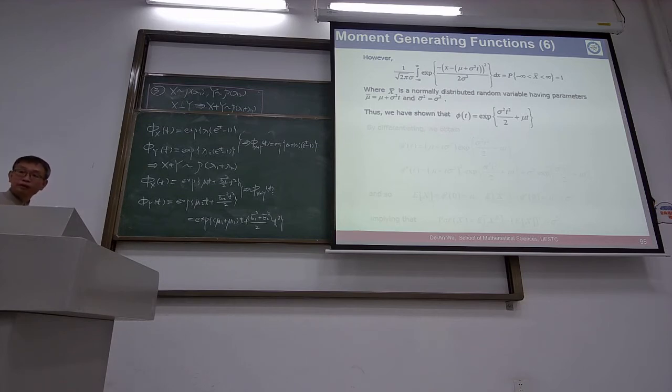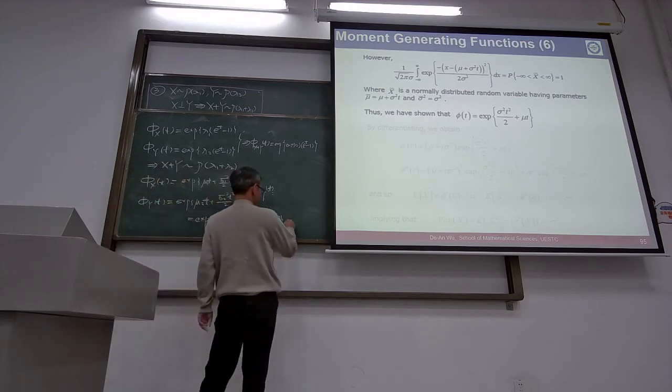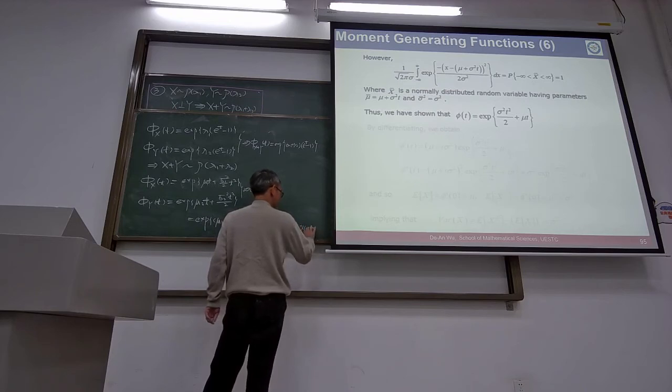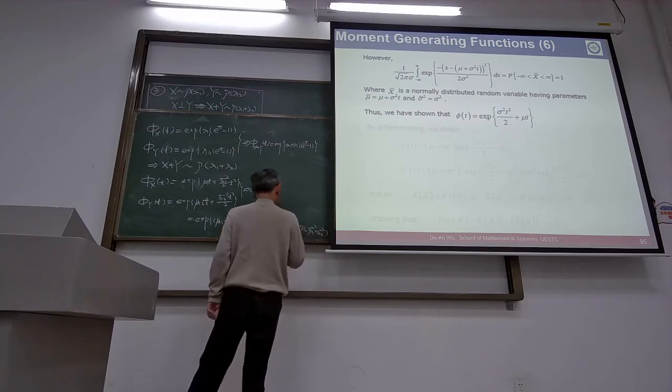What is this? Yes, it's just a new normal distribution with parameters mu 1 plus mu 2 and sigma 1 square plus sigma 2 square.